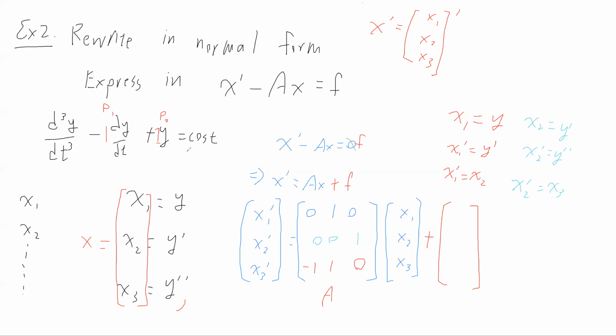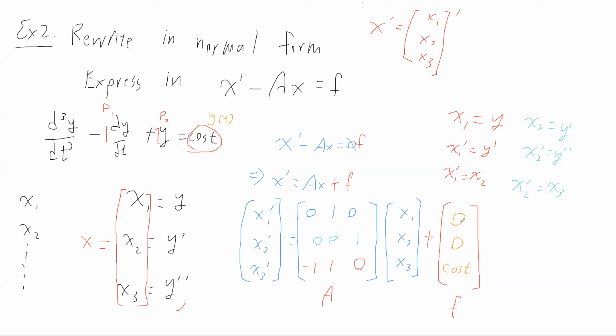Our g of t is this thing, the cosine of t, right? That means the vector f, we're going to have 0, 0 for the first two entries, and the very last entry is going to be cosine t. Okay, and that whole thing is our vector function f.